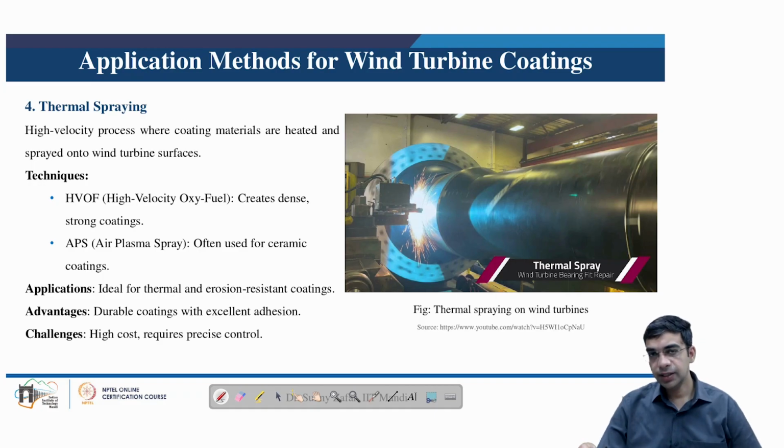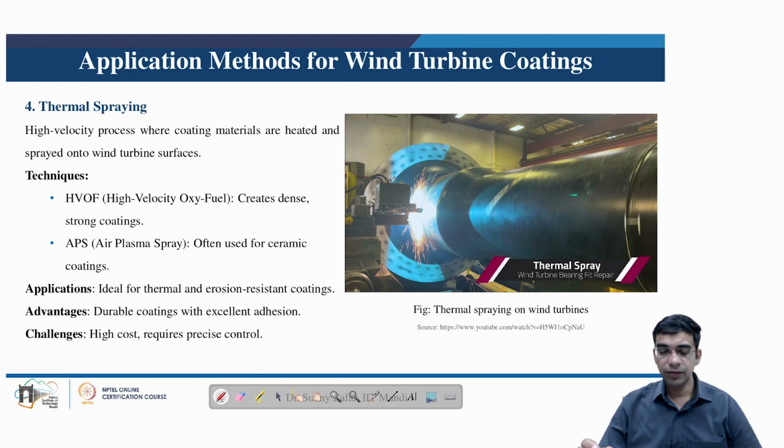So we have seen the details of these two methods in our hydro turbine and the thermal barrier coating section of this course. So high velocity oxy fuel is known to create dense coatings which are strongly adhered to the substrate, whereas air plasma spraying is also known to produce several ceramic coatings.